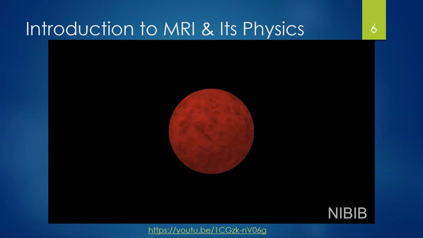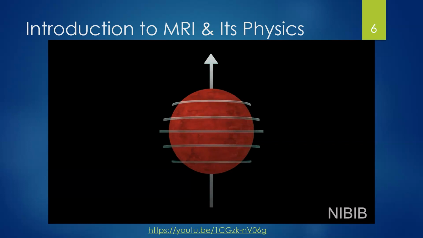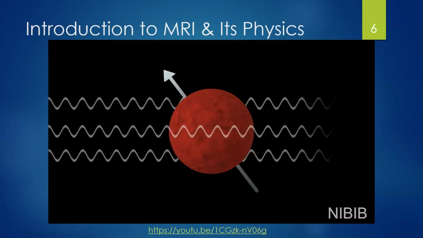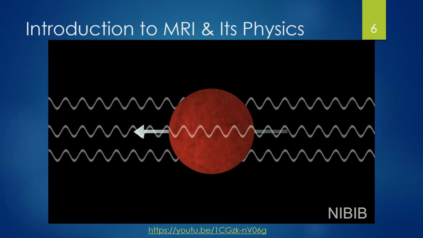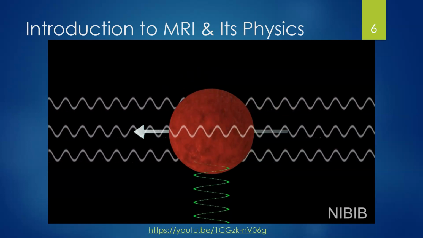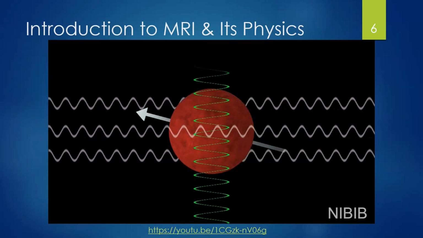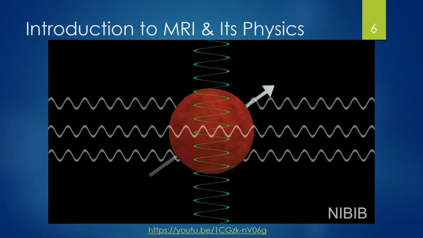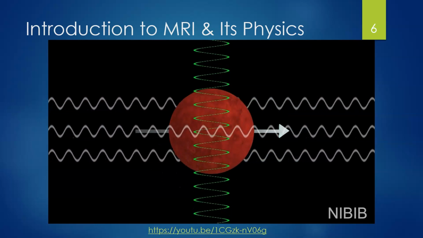MRIs use protons, which are abundant in the human body. All protons spin, creating a small magnetic charge. When a strong magnetic field is introduced, as is the case in an MRI machine, the protons align with that field. The MRI technician then introduces a radio frequency pulse that disrupts the proton and forces it into either a 90-degree or 180-degree realignment with the static magnetic field.